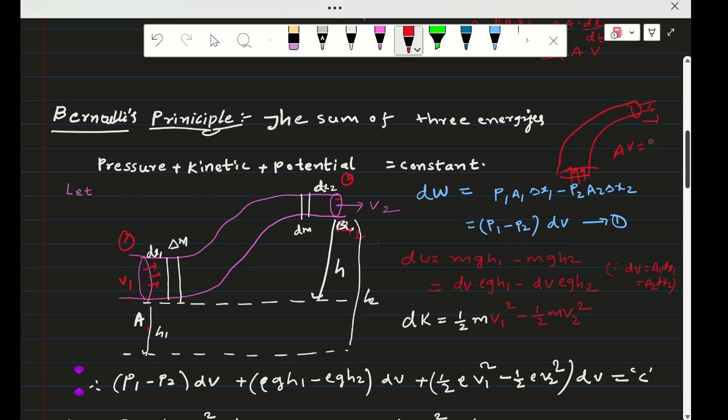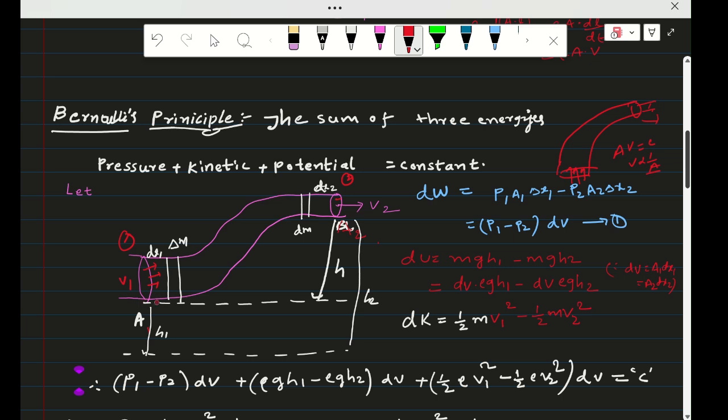Therefore AV is constant, so V is inversely proportional to the area of cross section. Area reduced means velocity will be more. That's why whenever you are watering flowers at a long distance where you can't go, we close the pipe to reduce some area. Then the water will come out with more speed for the same amount.